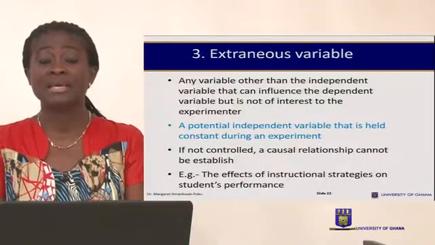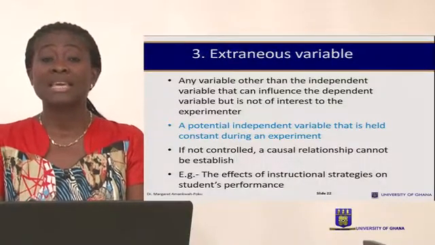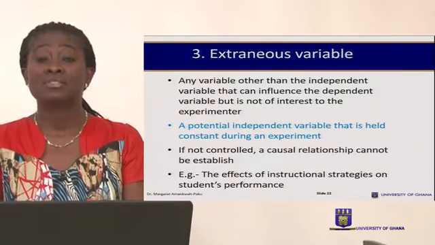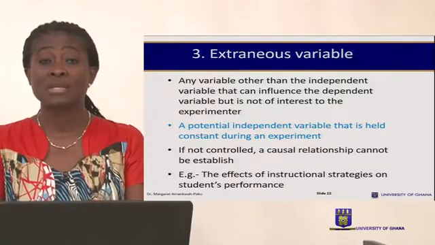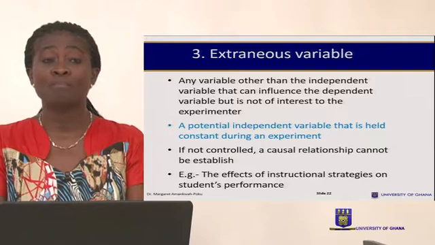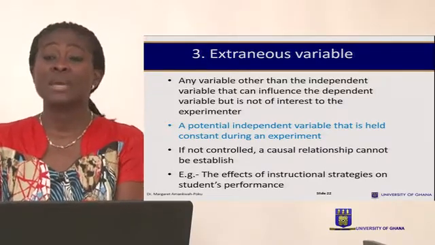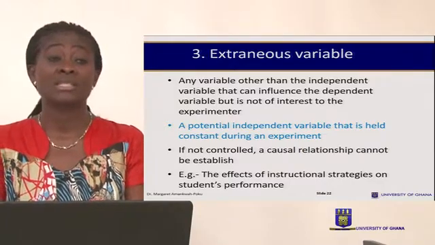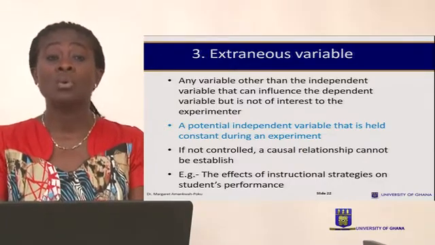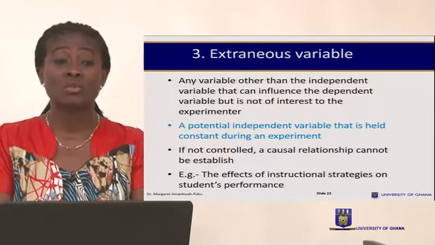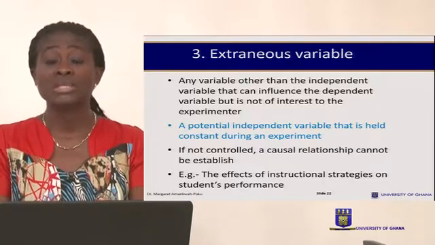So for instance, if we want to look at the effect of instructional strategies on students' performance, so the way we teach, for example, if we make our teaching interactive on one hand, and if we make the teaching in such a way that it's not interactive, so we just stand before you and we teach and teach without asking you questions, asking you for contributions, etc.